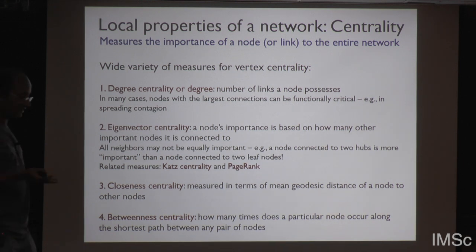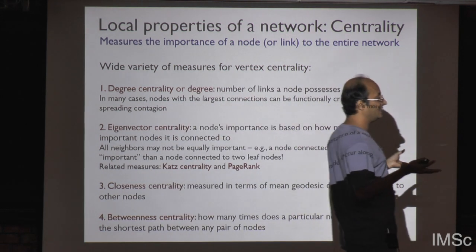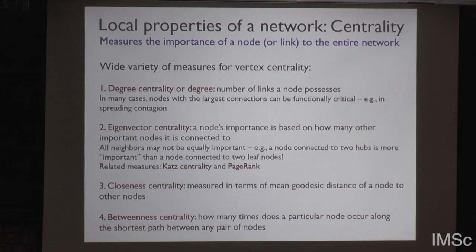Okay? So eigenvector centrality is a generalization of degree centrality, because in degree centrality you are only looking at your immediate neighbors. How many immediate neighbors do you have? Okay? But if all your immediate neighbors are extremely unimportant, each of them does not really have too many connections, you may not be very important over the entire system.